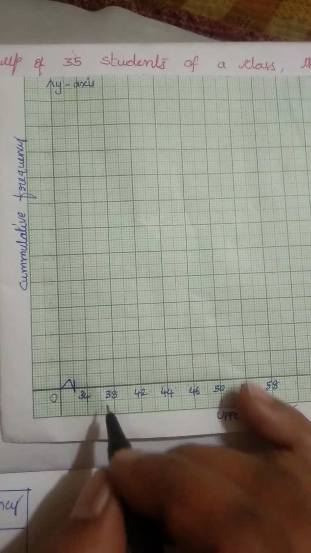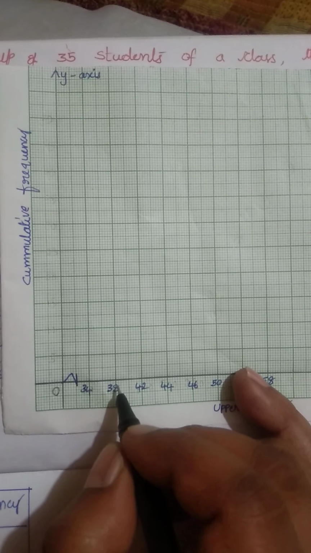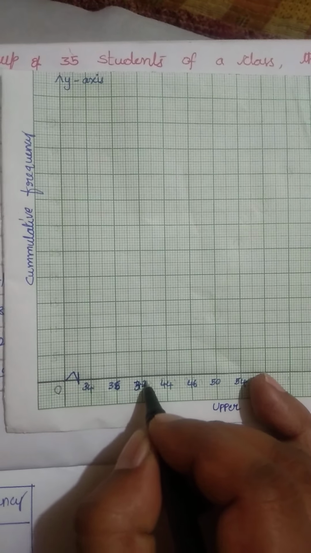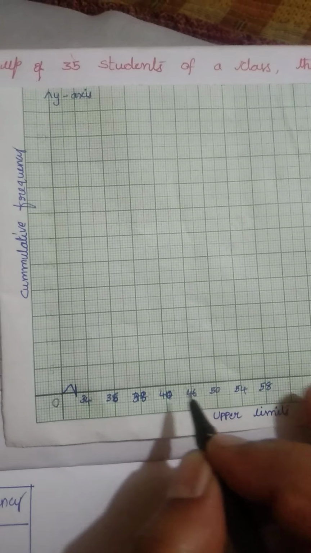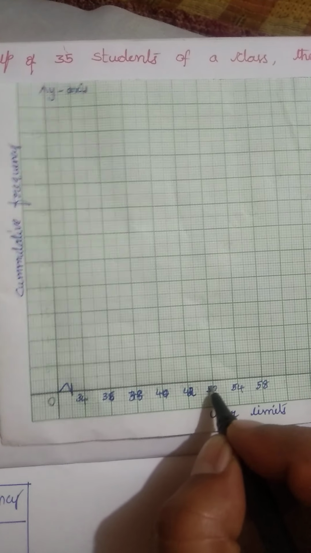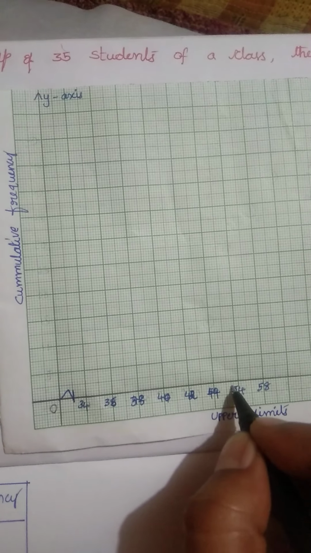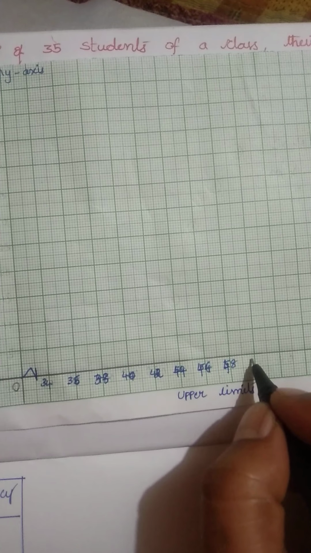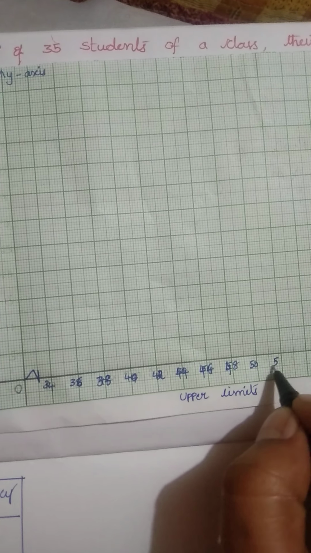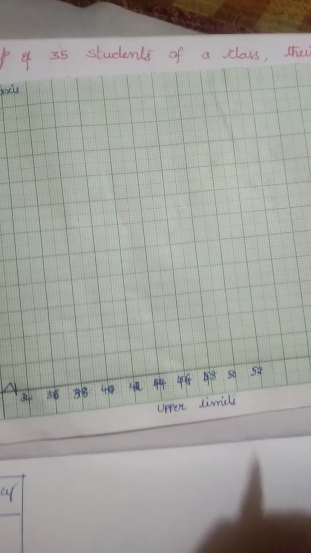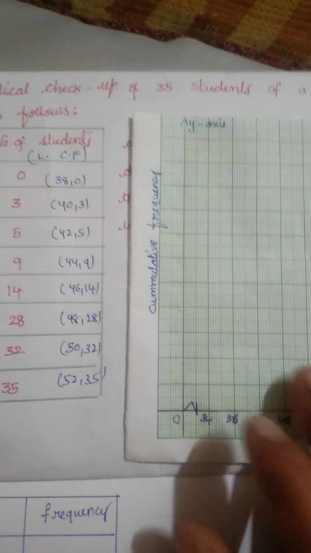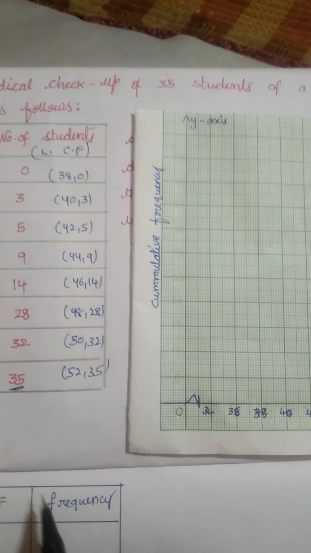Let us take 2 units each, as the difference between two successive class intervals is 2: 34, 36, 38, 40, 42, 44, 46, 48, 50, 52, up to 52. And on the y-axis we need to take less than cumulative frequency, which is up to 35.